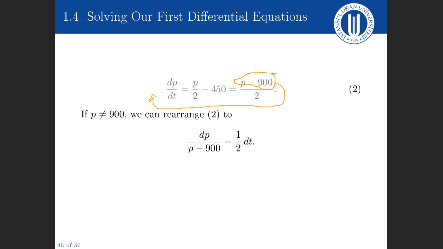And then I'm going to multiply both sides by dt. And what that does is that moves the dt up to the right. As long as p is not 900, we can rearrange this equation so that it looks like dp divided by p minus 900 is equal to half dt.